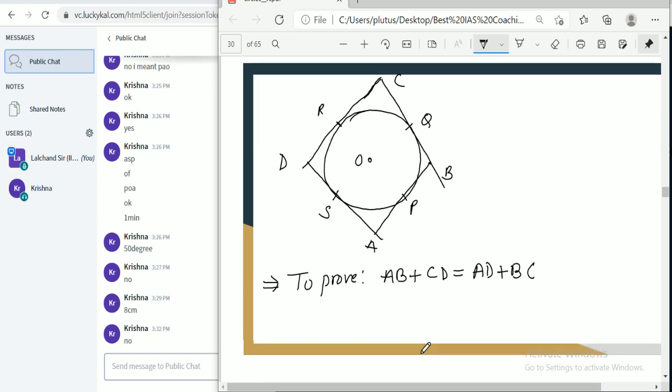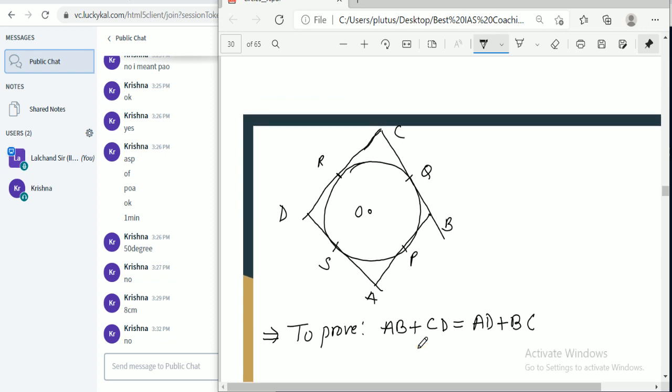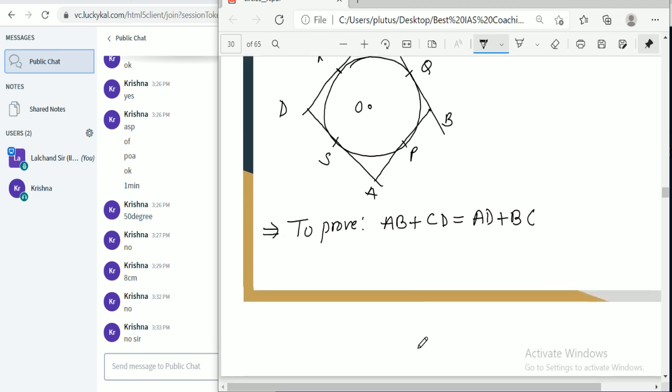So how can we prove this? Do you have any idea? Okay, so look, can we write like this? Value of AS is equal to value of AP.